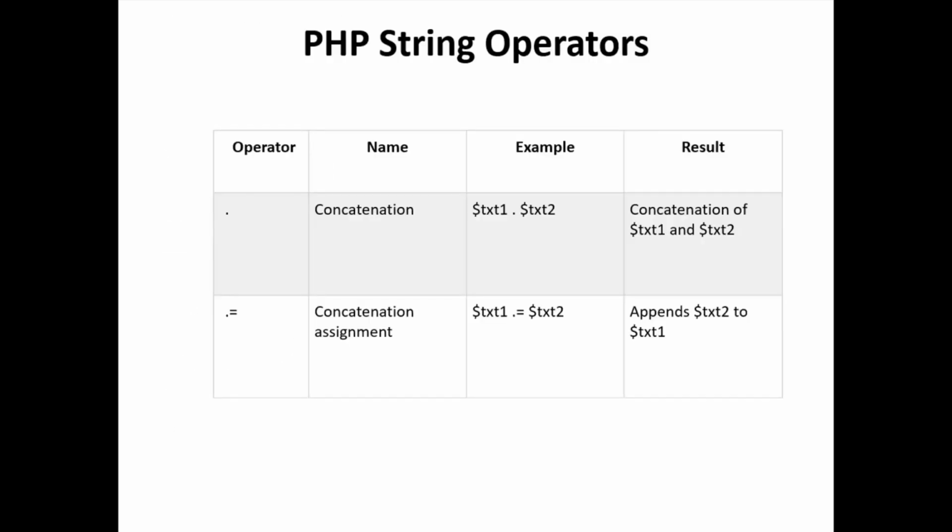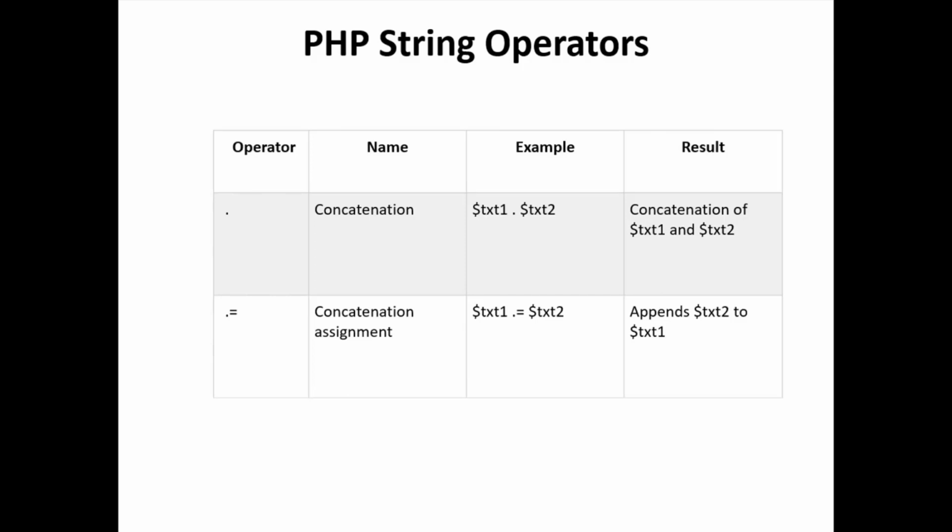Then moving ahead with PHP string operators, we have the concatenation and concatenation assignment operators in PHP. Concatenation we have already used in print and echo statements. It is represented by a dot: text1 . text2 is the concatenation of text1 and text2.